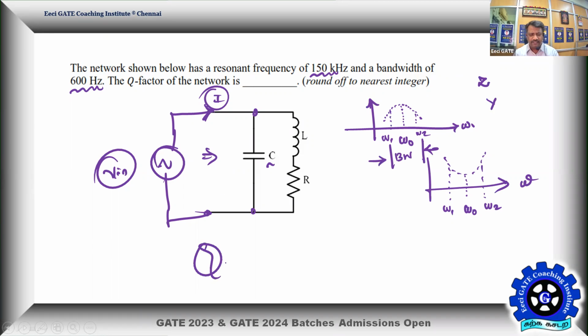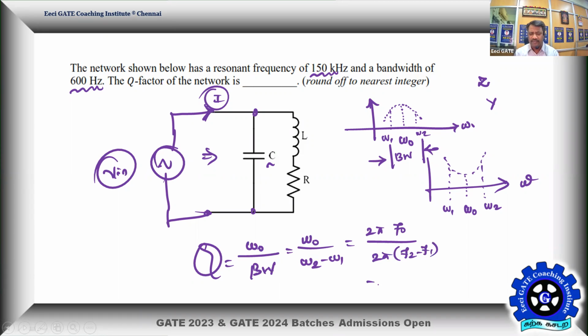The quality of such a circuit is defined as the center frequency divided by bandwidth. So the quality factor of the system is omega naught divided by omega 2 minus omega 1, higher cutoff minus lower cutoff. Instead of omega naught, you can write 2 pi f naught, and 2 pi times f2 minus f1.